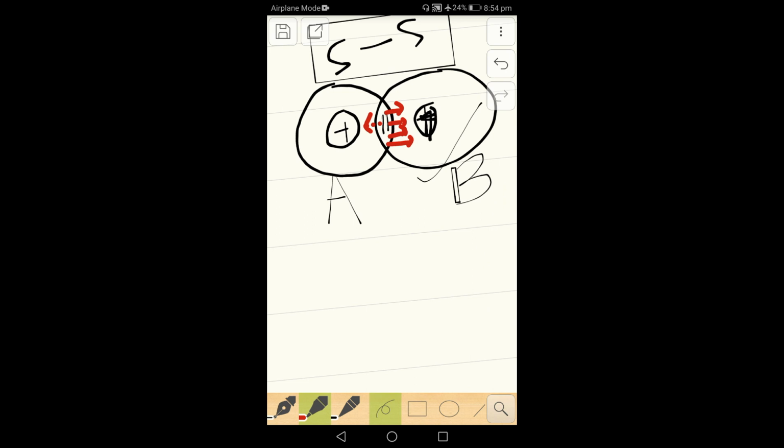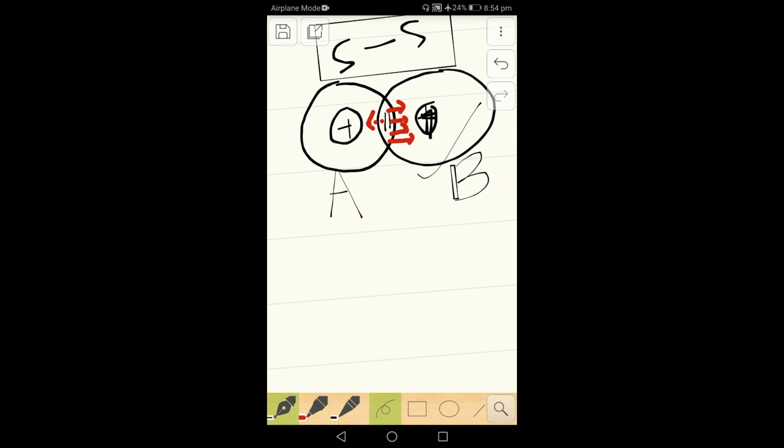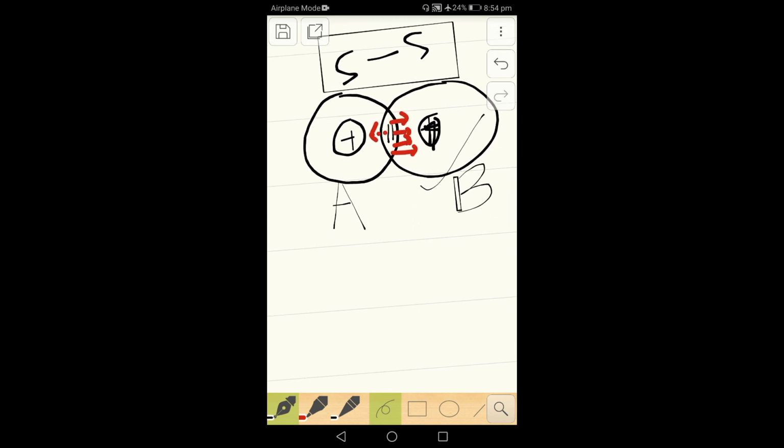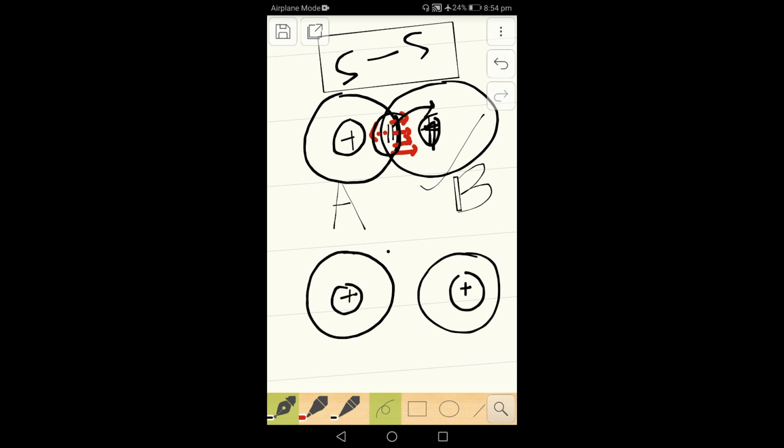So what happens ultimately is that all these electrons will get entirely into atom B. That means atom B will take all electrons from atom A, like this.